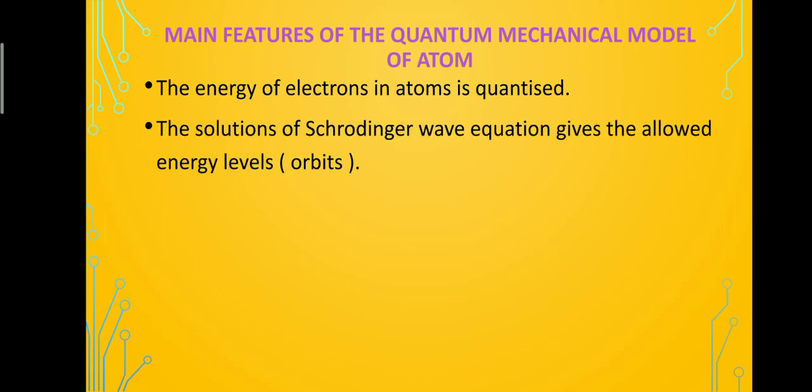Second one, since there is the existence of quantized electronic energy levels, the solution of Schrodinger wave equation gives the allowed energy levels. So just now we have seen the Schrodinger wave equation. If we simplify that, we can find out the allowed energy levels of an orbit.